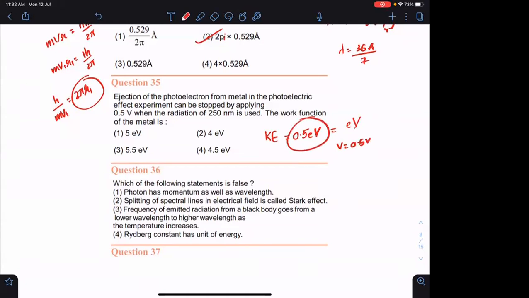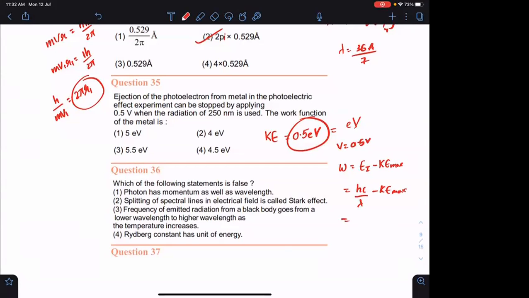Any doubt, anyone? What is work function? Work function is nothing but E incident minus kinetic energy. What is E incident? hc upon lambda minus KE max.